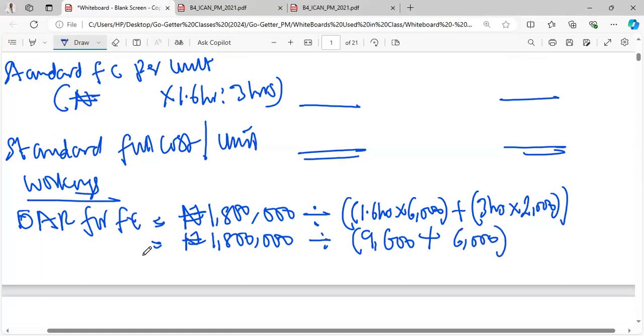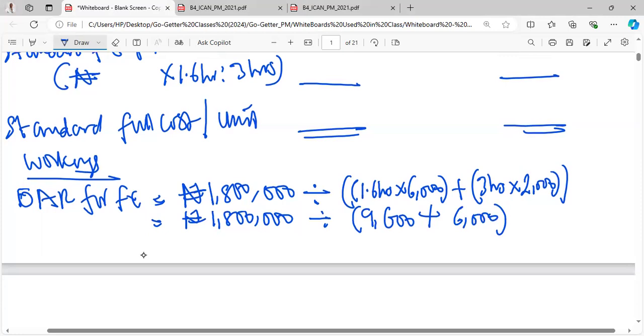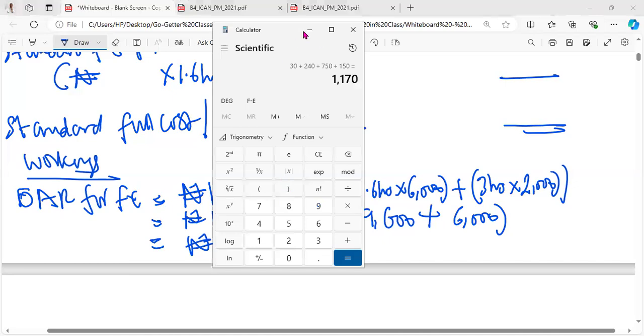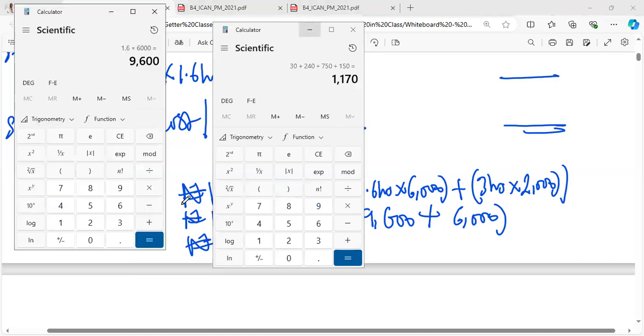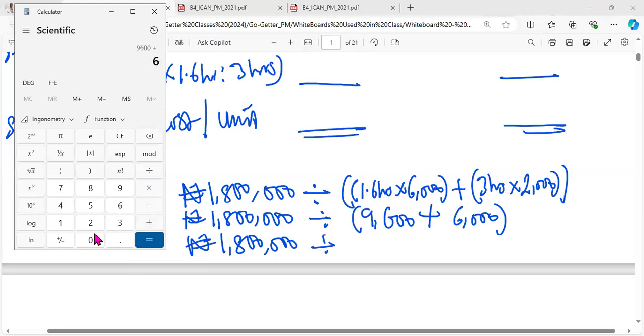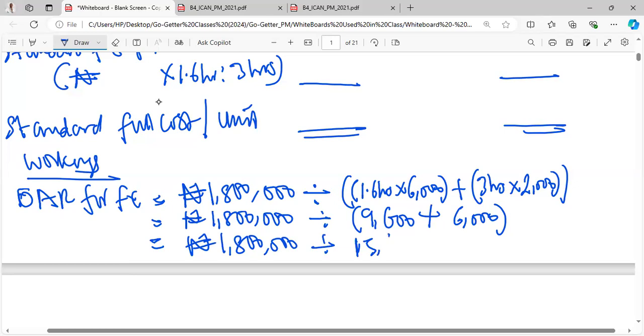So this is as good as saying 1,800,000 divided by, now we have 9,600. If you add 6,000 to it, to give me 15,600 hours.